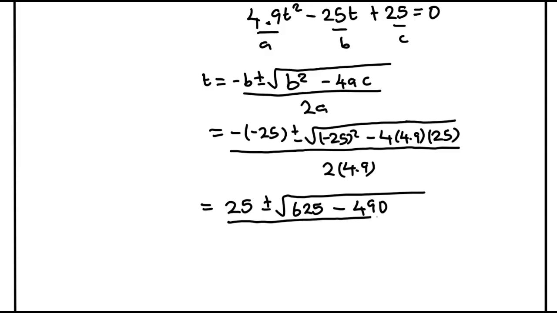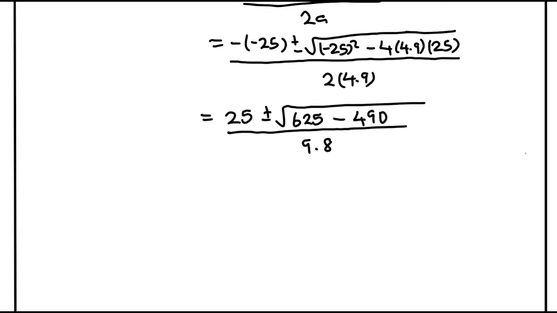This whole thing divided by 9.8. This makes this 25 plus or minus the square root of 135 divided by 9.8.